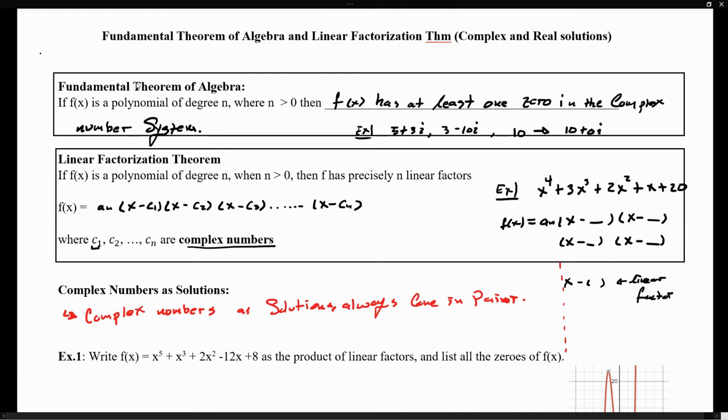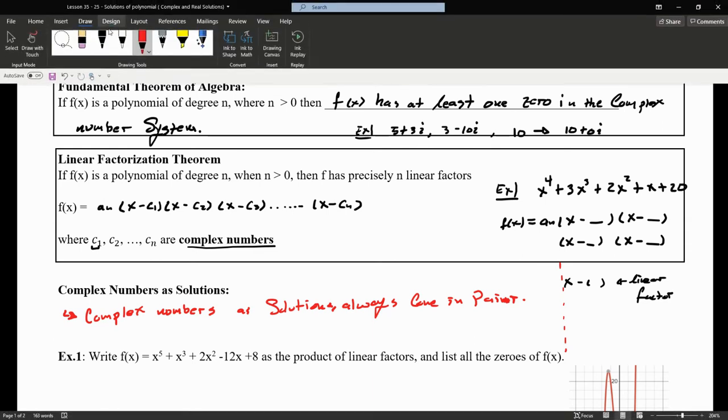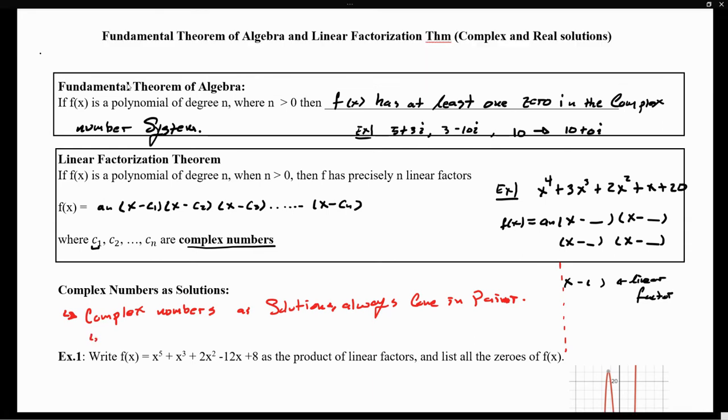You do not have just one complex number as a solution or three, they need to be in pairs. Now, what is this second solution? Well, the complex conjugate of a complex number is always a solution.